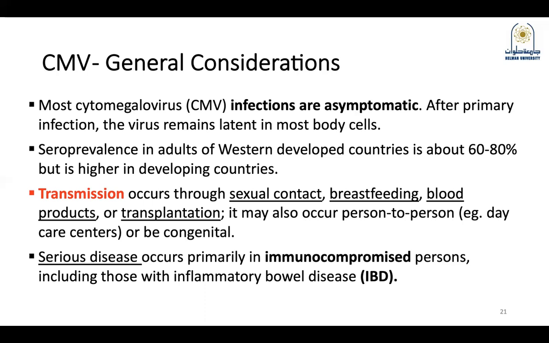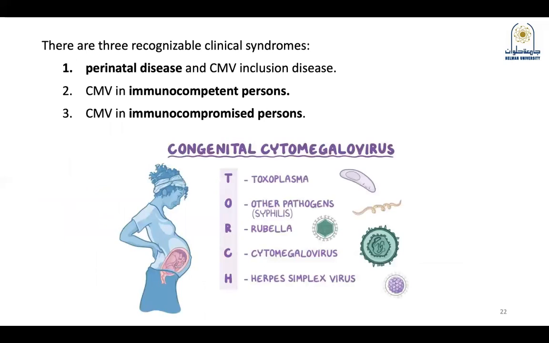So we have to be oriented that in these high-risk groups, cytomegalovirus might flare up when they are exposed to an immunosuppressive situation. There are three recognizable clinical syndromes in cytomegalovirus.